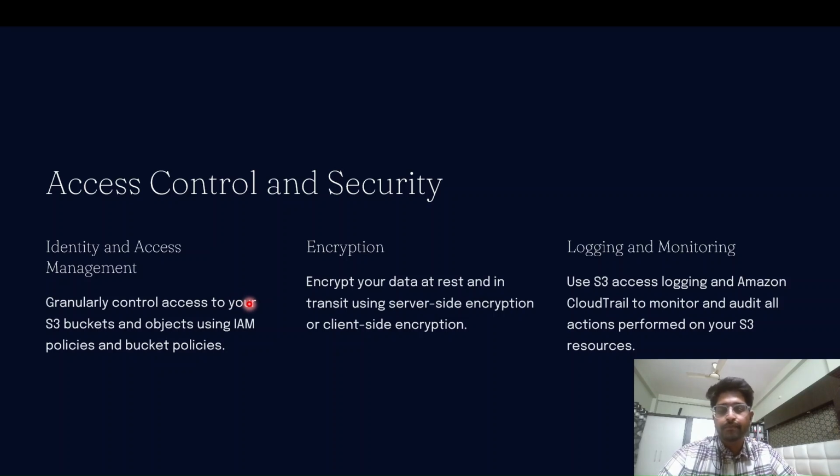Encryption of the data: we can encrypt our data at rest and in transit using server-side encryption or client-side encryption. So these are the two types of encryption provided by S3. And the last would be logging and monitoring. We can use access logging and Amazon CloudTrail to monitor and audit all the actions performed on our S3 resources.